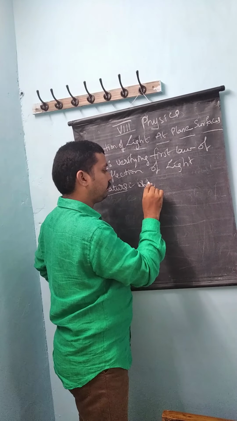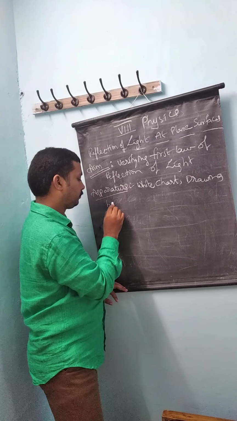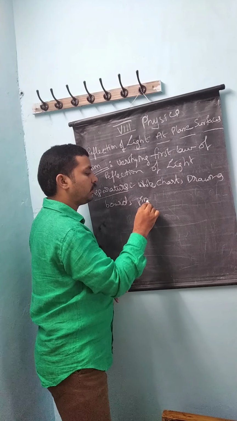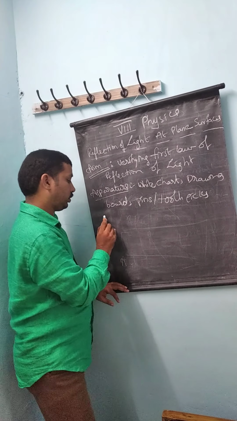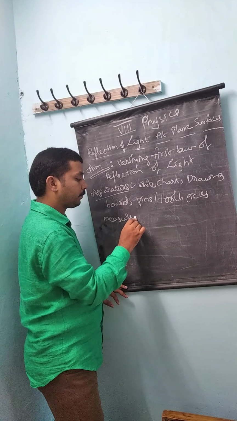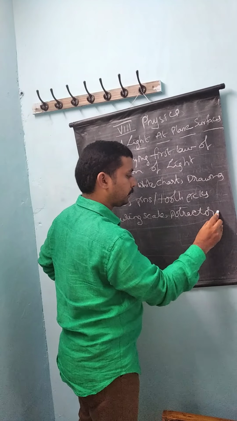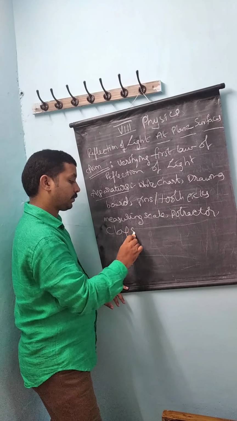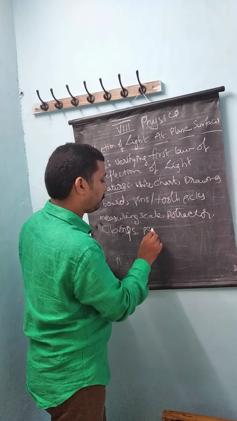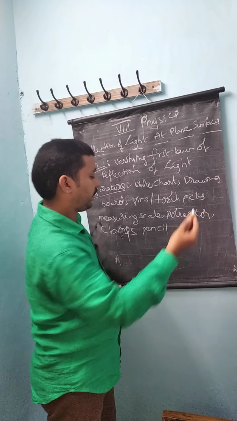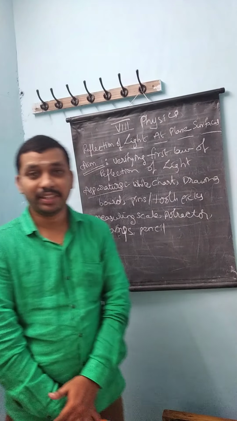White chart, drawing board, pins or toothpicks, scale, protractor, clamps, pencil, etc. So these are all the apparatus we want to perform the given experiment.